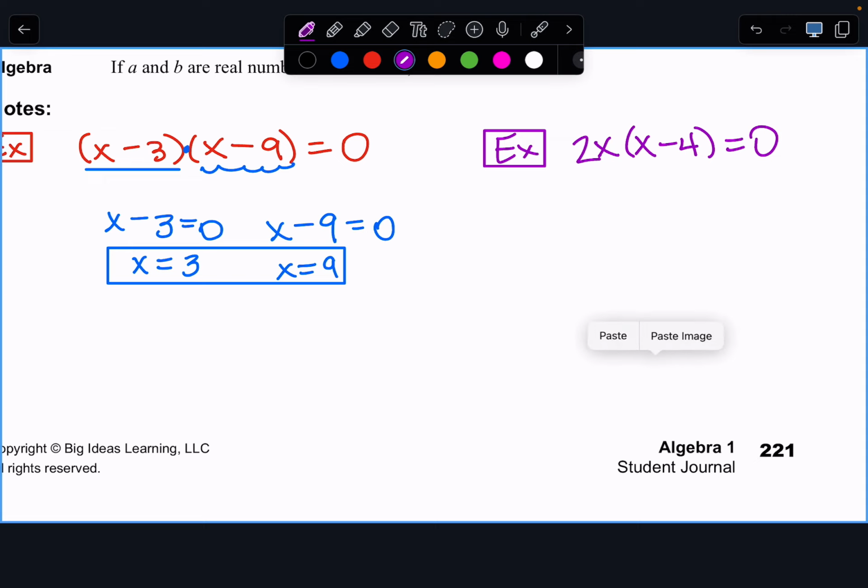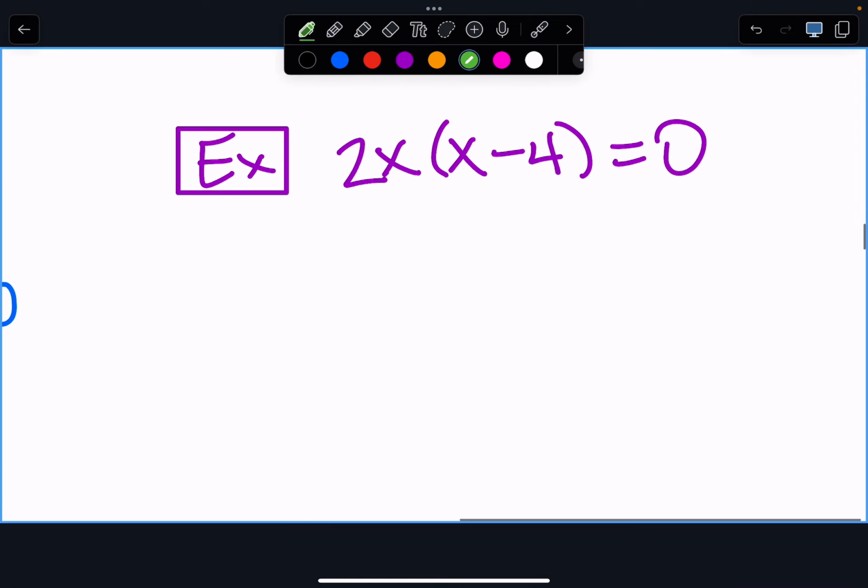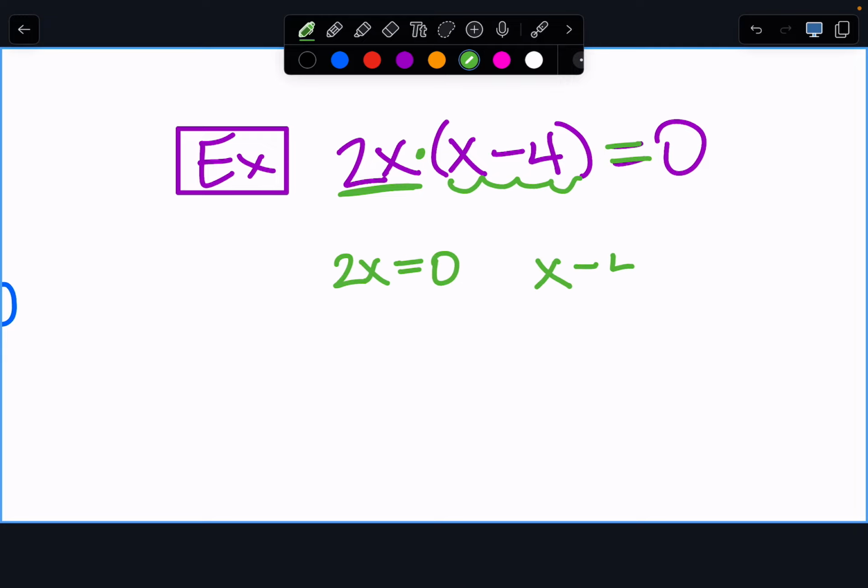All right, so do you notice, again, we have two factors separated by multiplication, and they're multiplying to equal 0. Well, if we have something multiplied together that equals 0, either one factor is 0 and/or the other factor equals 0.